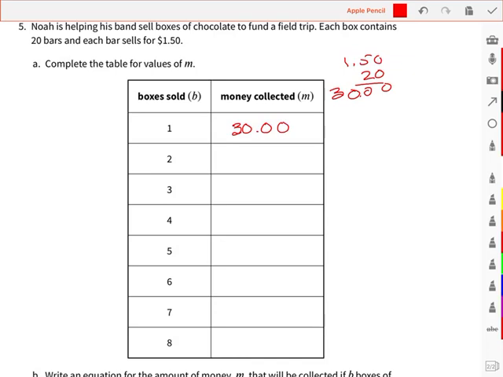So one box at $1.50, 20 times $1.50 is 30. And then that's going to double for 2 and triple for 3.